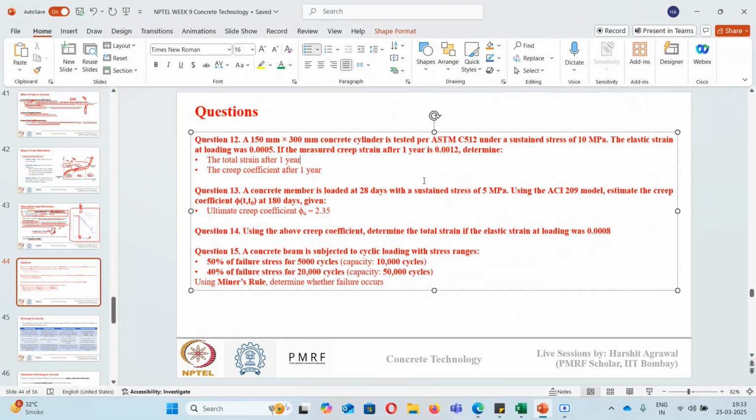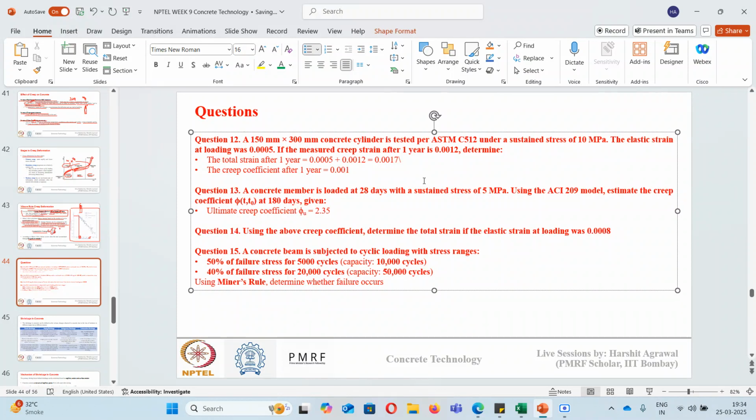This will be very simple. Total strain is nothing but elastic strain, that is 0.0005, plus creep strain, 0.0012. So this will sum up to 0.0017. That is the total strain after 1 year. And creep coefficient will be nothing but creep strain upon elastic strain.